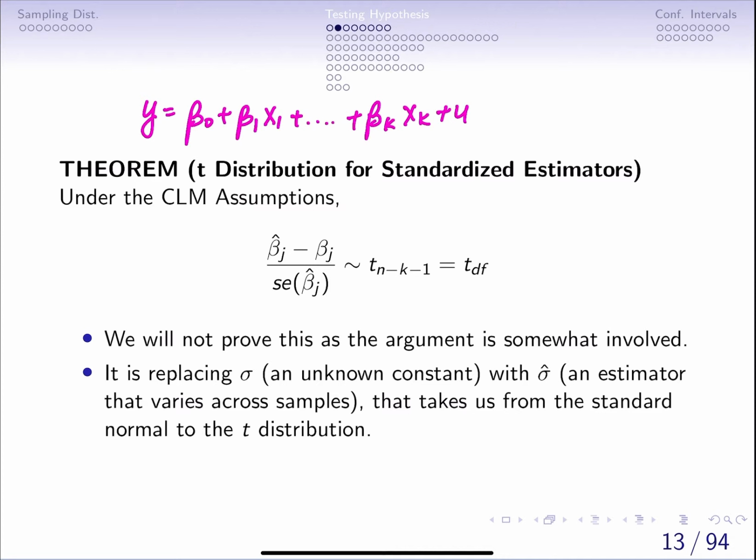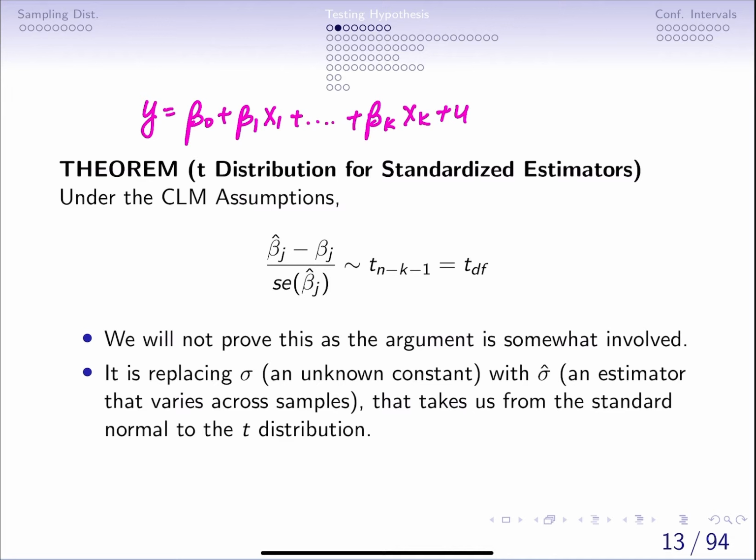Now, assuming that our classical linear assumptions hold, we already know with the first four assumptions that if we use ordinary least squares techniques, we will produce an unbiased estimator of beta j. But we want to test a hypothesis about that particular beta j.